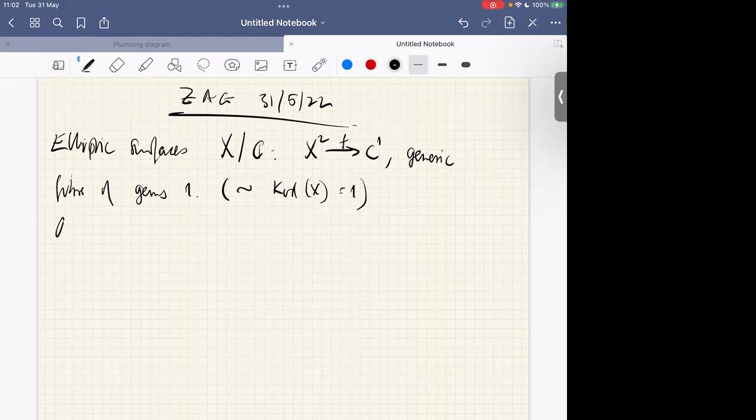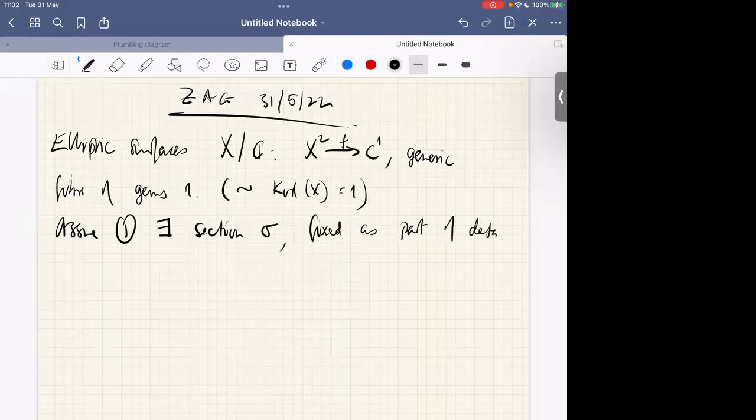So I'm going to assume, firstly, there is a section, sigma, which is fixed as part of the data. And secondly, that all singular fibers are reduced and irreducible with a single node.